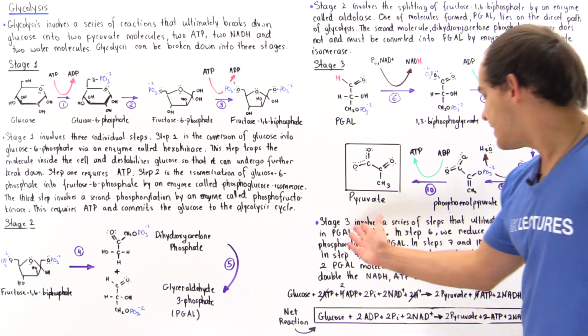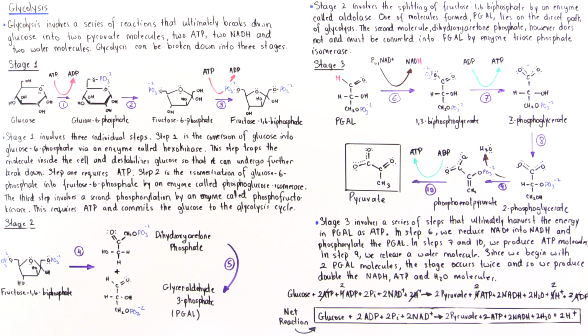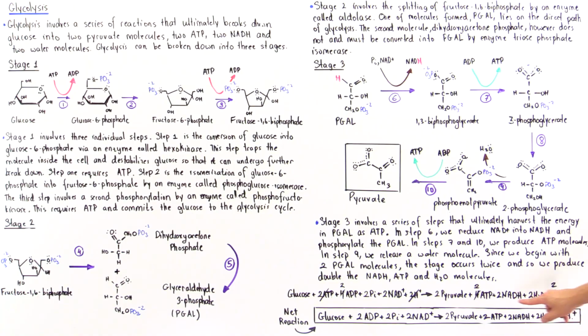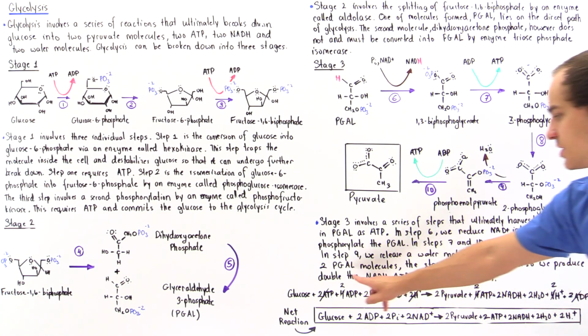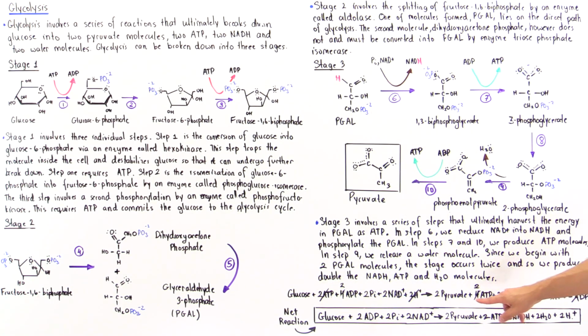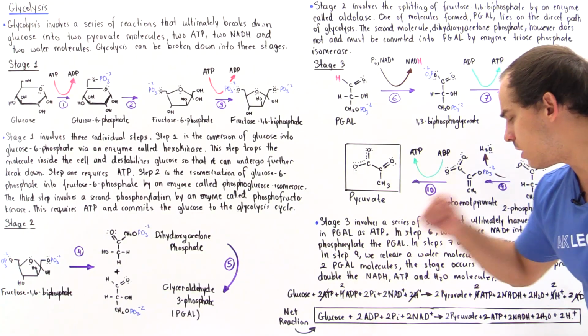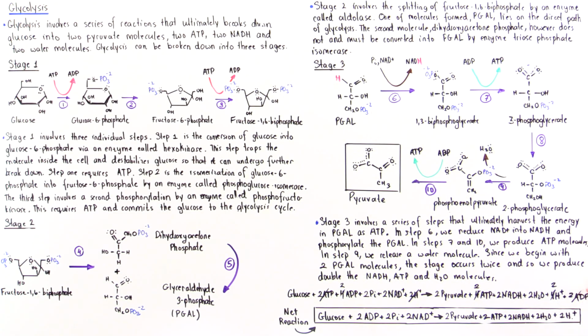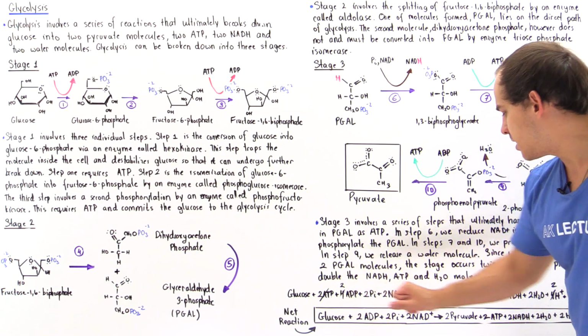So now if we cancel out some things, we have 4 H's here, 2 H's here, that crosses out, this becomes a 2. We have 2 ATPs, we have 4 ATPs, this crosses out, this becomes a 2. And we have the 4 ADPs here, the 2 ADPs here, these cross out, this becomes a 2.